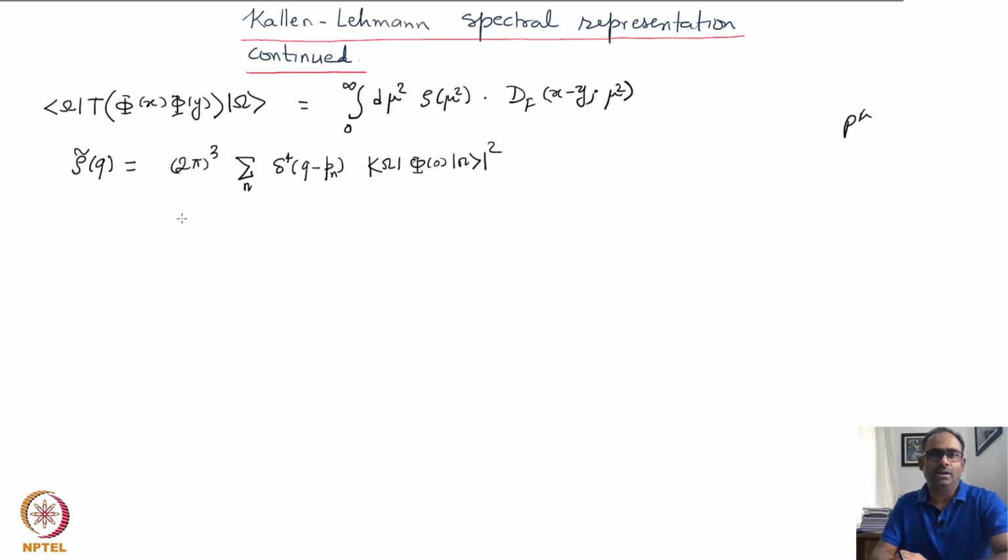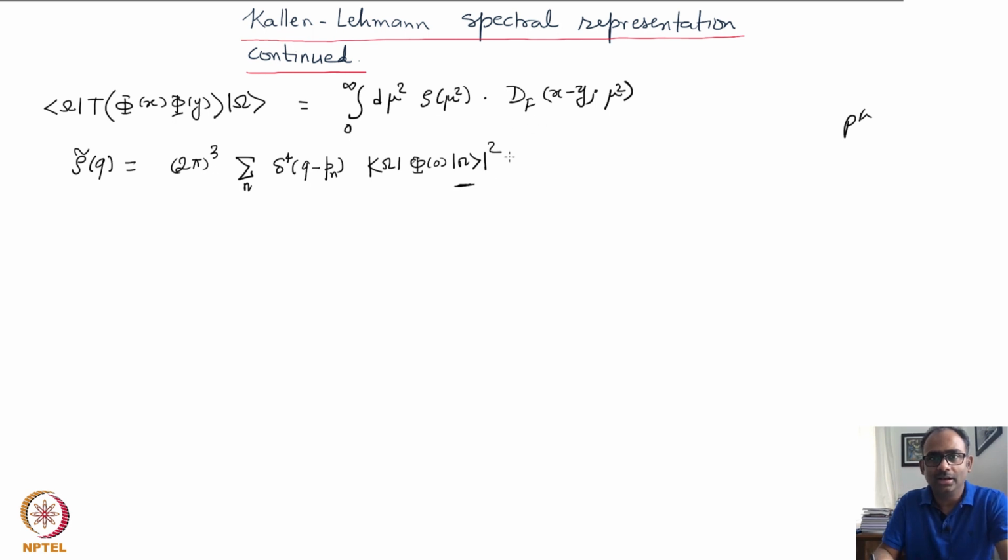We had argued that rho tilde of q is a Lorentz invariant object because this factor here is Lorentz invariant, and this factor is Lorentz invariant. So this entire thing is Lorentz invariant, and it is non-vanishing only if q naught is positive.